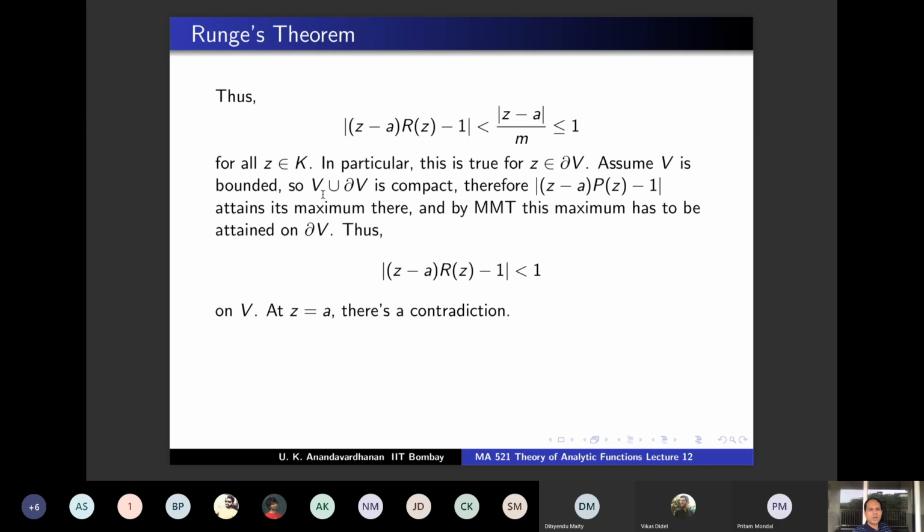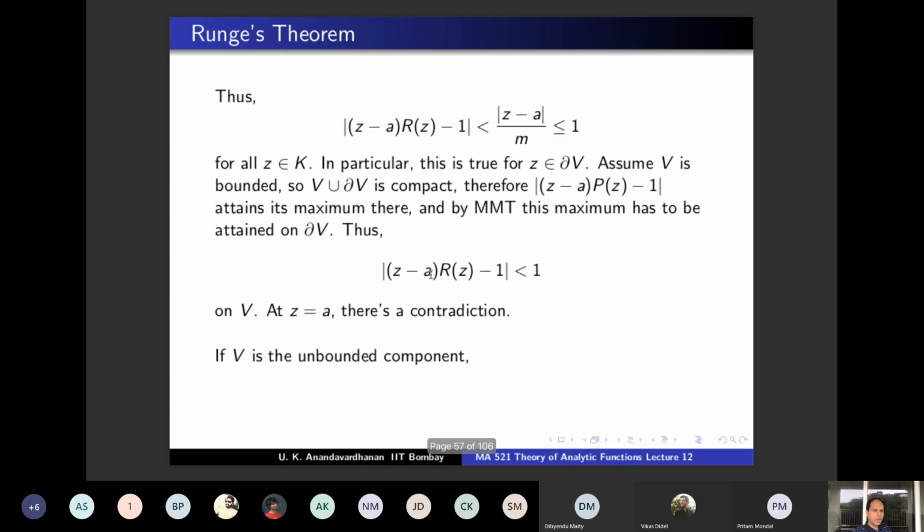I wanted a compact set, therefore the EVT could have been applied, and then I appeal to MMT. If V is the unbounded component, then this is not quite true. In fact, I was thinking about it yesterday and I don't have a crystal clear argument for V unbounded, but we will discuss it. I think discussion will clarify and we should have a crystal clear argument.